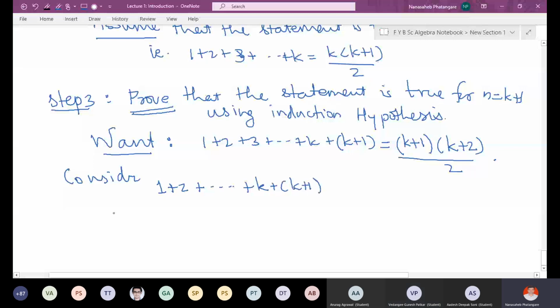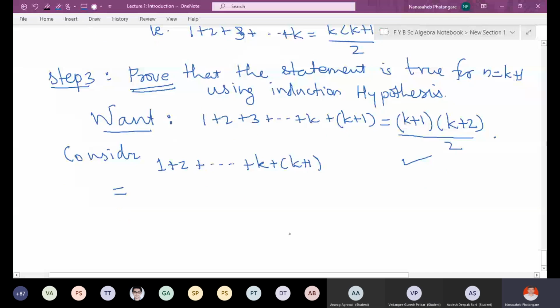And at the end we should be able to get this answer. If we could, then we are done, and we'll declare that the result is true for k plus 1. But this part, 1 2 3 up to k, is our assumption by induction.